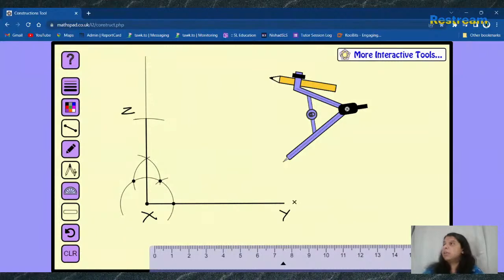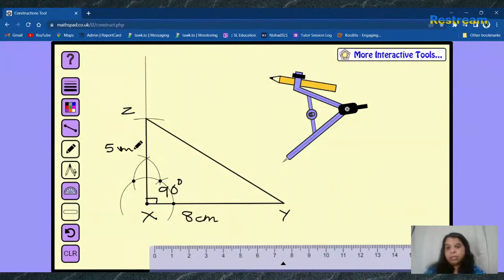And then the next step they have said, join YZ as shown. Okay, so now this is 90 degrees. You have to write everything now. This is 8 centimeters. This is 5 centimeters.